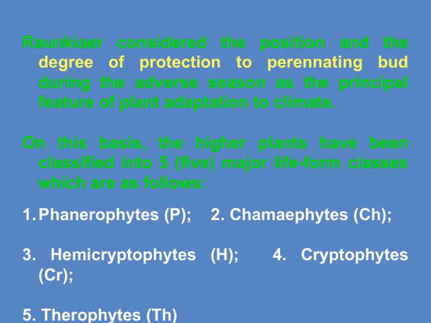Following that are the cryptophytes, CR, which have buds below the soil surface, well shielded from the environment. And finally, the therophytes, or TH, which are annual plants that survive unfavorable seasons as seeds, completing the spectrum of plant adaptation strategies. This classification helps us understand how plants adapt their reproductive and survival strategies to different climatic conditions, tying into the overall theme of plant adaptation to climate.